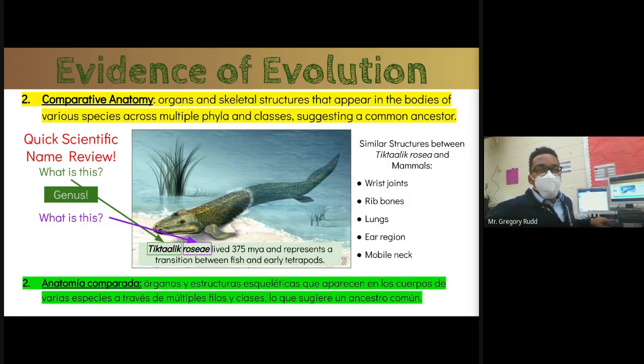What's that called? That's the species, okay? So this is how we write scientific names, and we talked about this on Monday. You always write the genus first, you write the species second, you italicize both words, and you capitalize the genus. Okay, so thank you, Rudy, our resident genius. See what I did there?